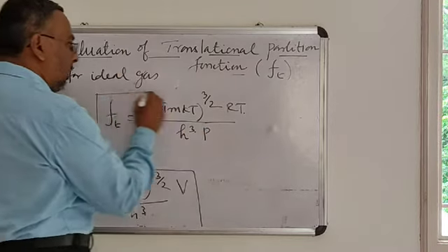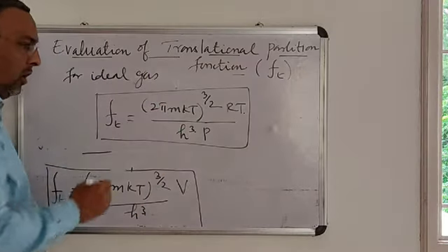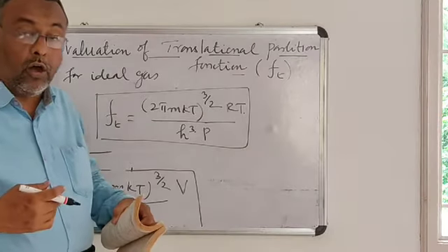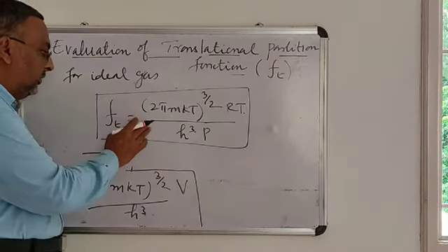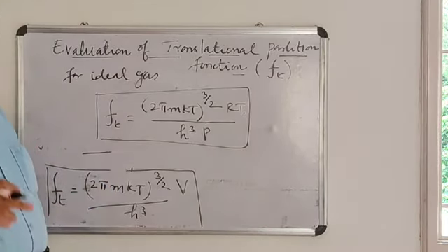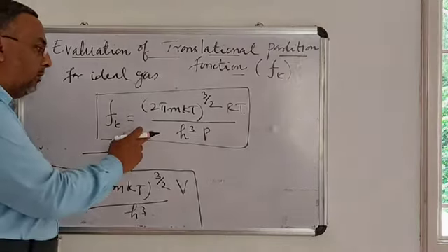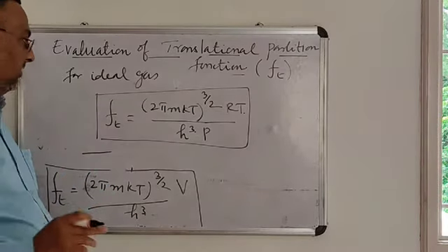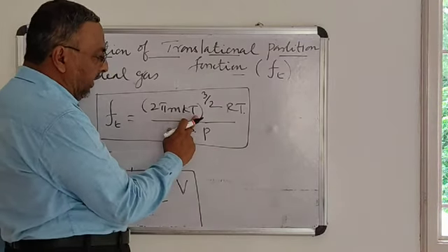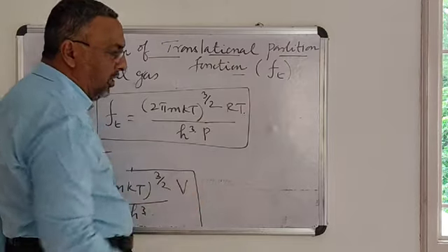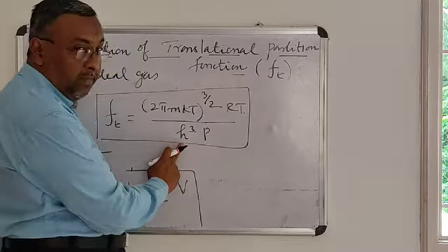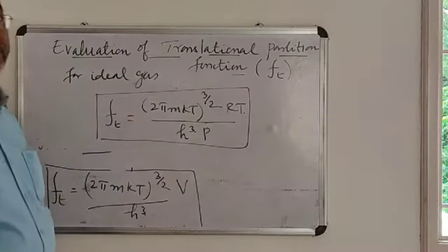This is also the translational partition function of the ideal gas molecules moving in all the three directions. M is the mass, k is the Boltzmann constant, T is the absolute temperature, R is the gas constant, h is the Planck's constant, and P is the pressure of the gas.